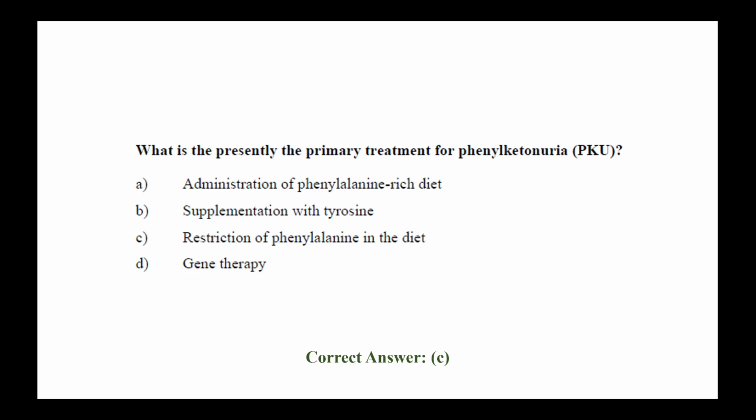That is a different issue, because the symptoms of phenylketonuria are not because of the lack of tyrosine. The major symptoms are due to phenylalanine accumulation, right? So the primary treatment has to be restriction of phenylalanine. After that, supplementation with tyrosine would be. Okay, ma'am. Thank you.